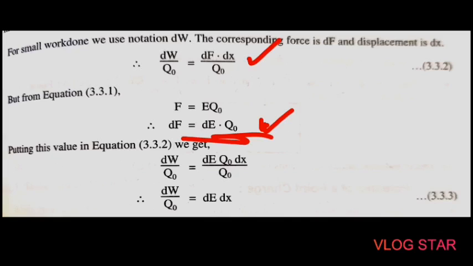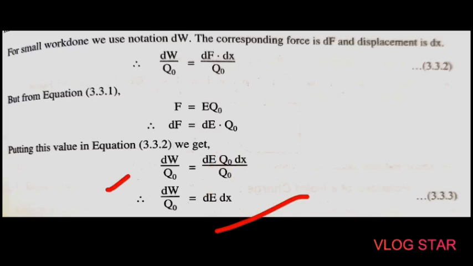Then we'll get dW upon Q0 on the left-hand side, equal to dE into Q0 into dx upon Q0. Then the numerator Q0 and denominator Q0 get cancelled, and the remaining term is dE into dx, and the left-hand side, dW upon Q0, is as it is.